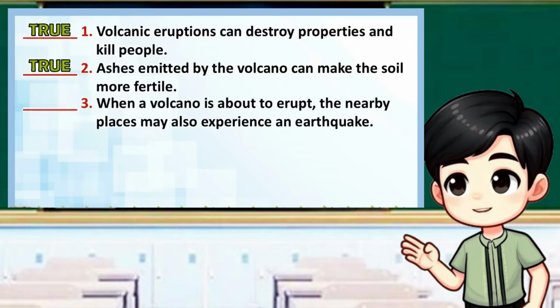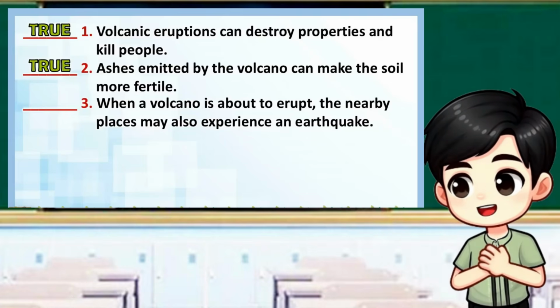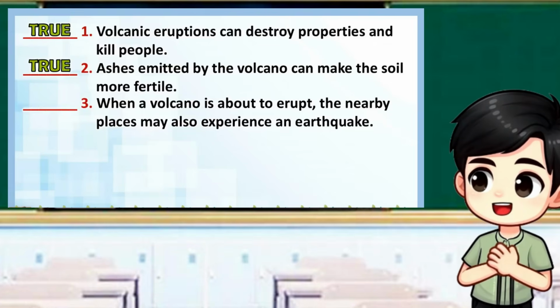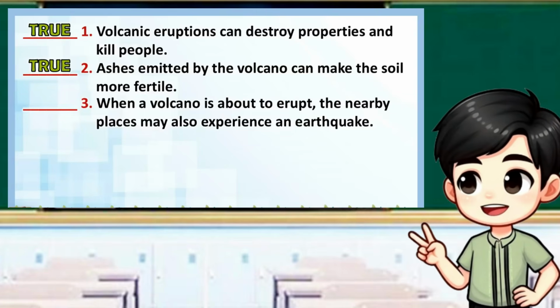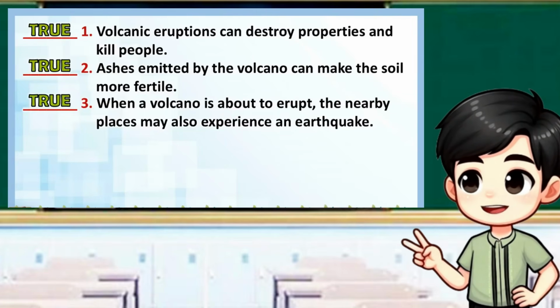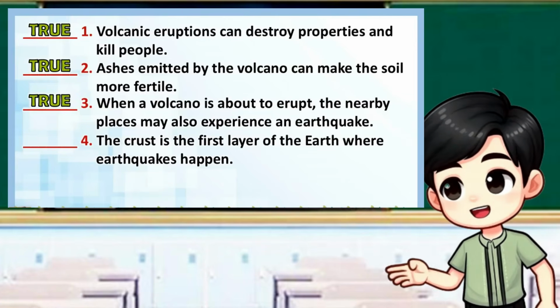Number 3. When a volcano is about to erupt, the nearby places may also experience an earthquake. Is it true or false? Very good. The correct answer is true. Number 4. The crust is the first layer of the earth where earthquakes happen.